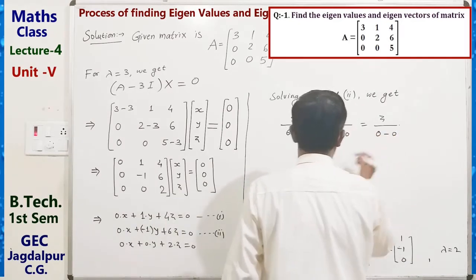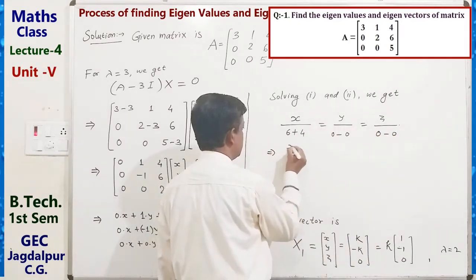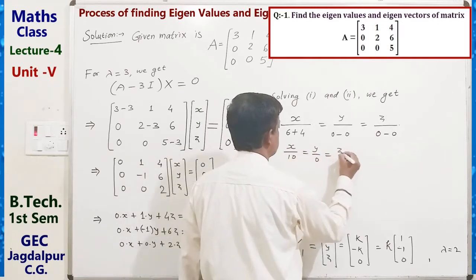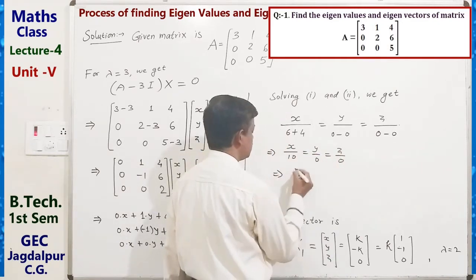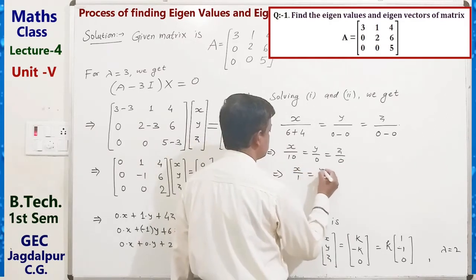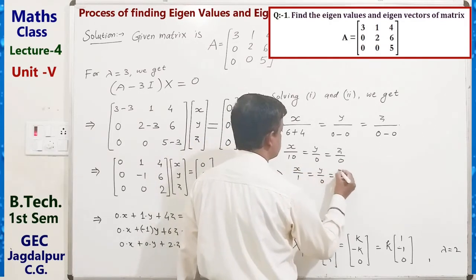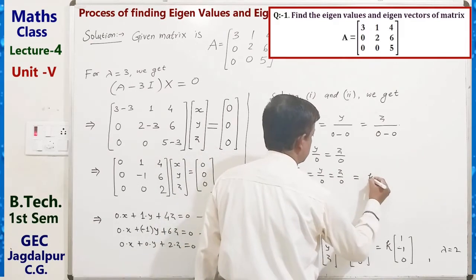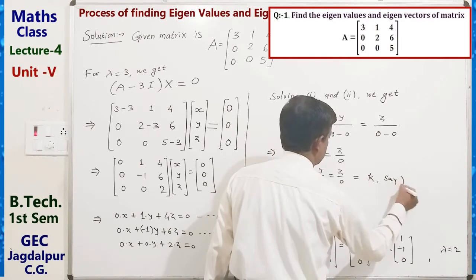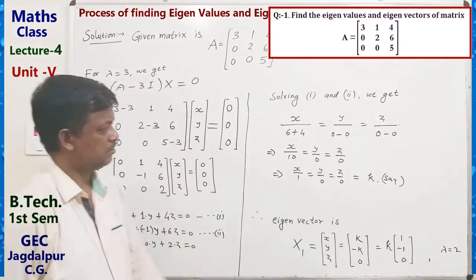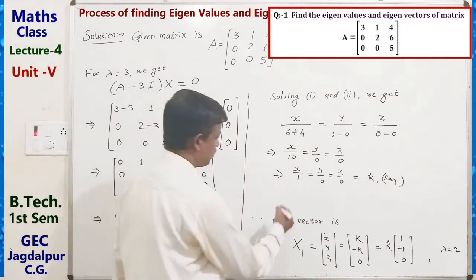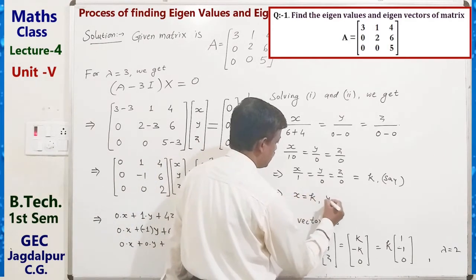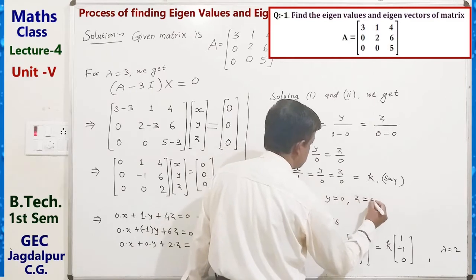So we get x by 10 equals y by 0 equals z by 0, which implies x by 1 equals y by 0 equals z by 0 equals k. Clear? We can write like this. So from here x equals k, y equals 0, z equals 0.